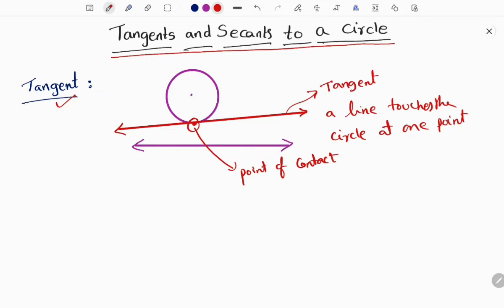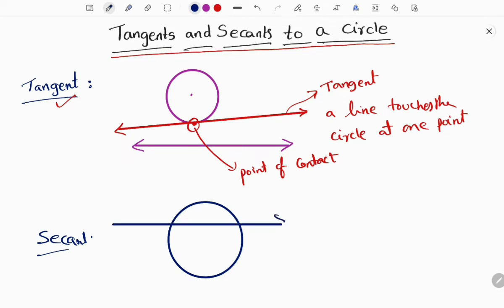Now what about a secant? Suppose here in this circle I can draw a line like this. It touches the circle at 2 points.